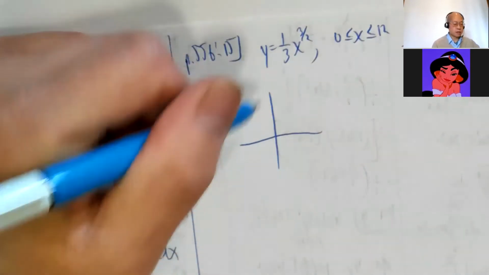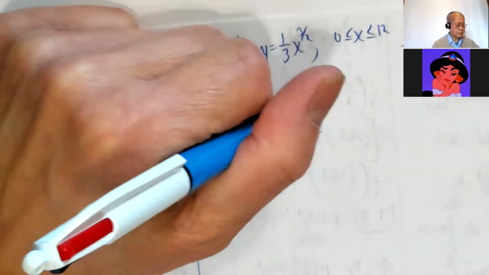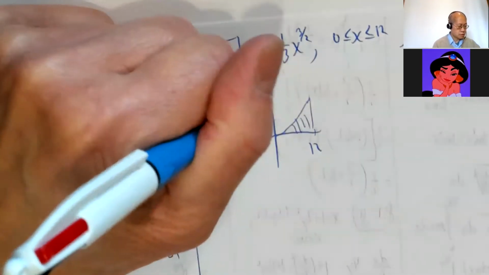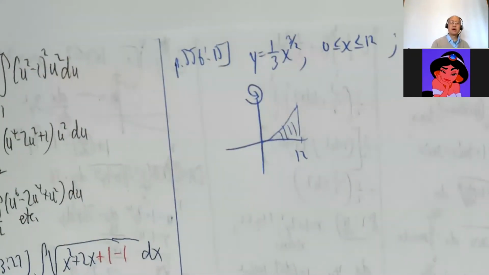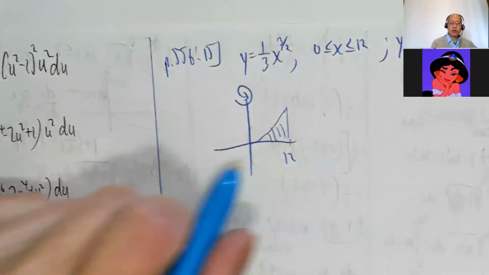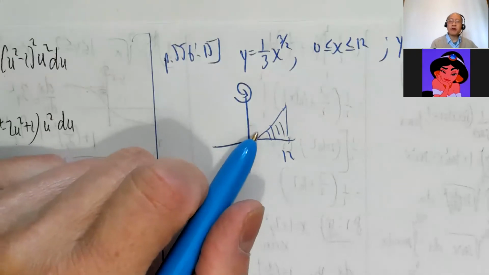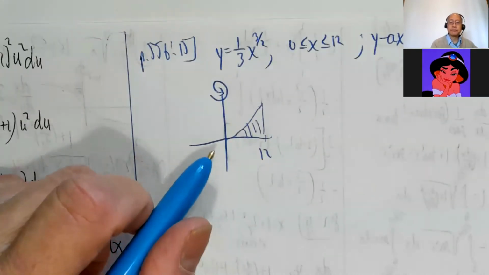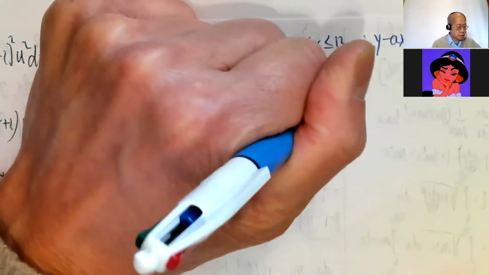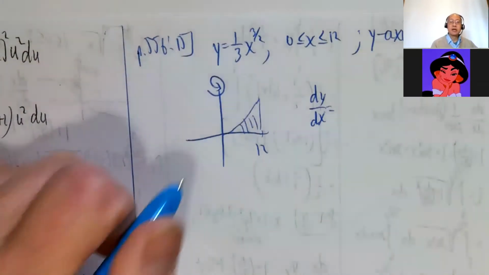Okay, so whatever this thing looks like, spin it like this, so you get some weird shape. We're not talking about volume now, we're talking about surface area. All right, so dy dx, that's easy.